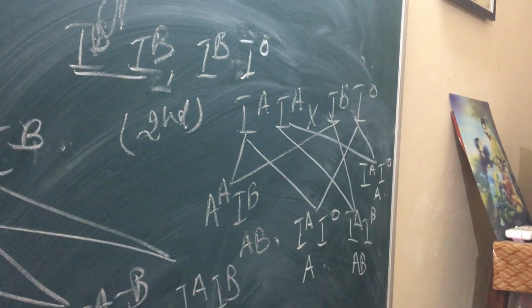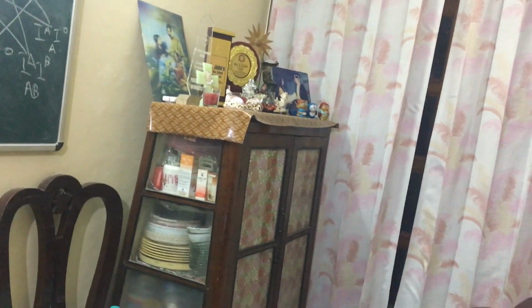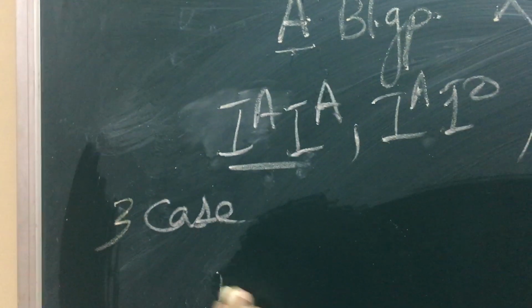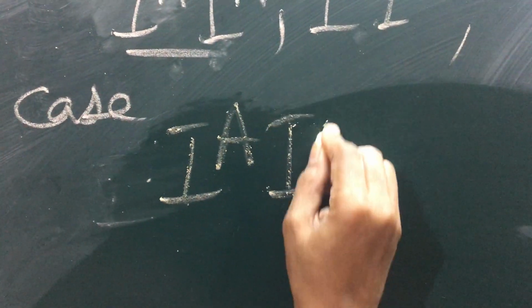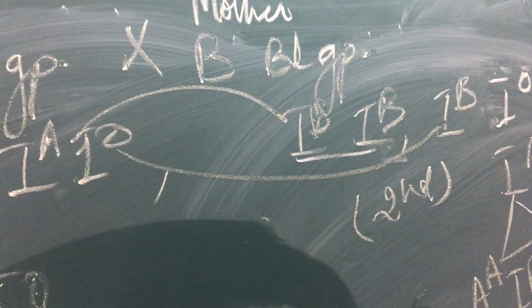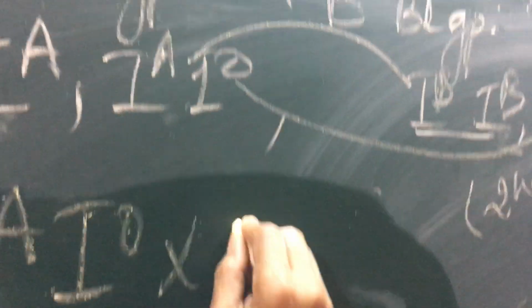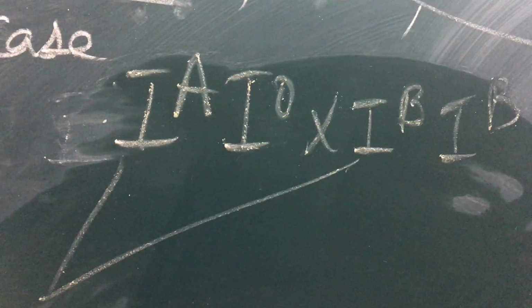So then the third case will be IA I0 into IB IB. This one with this and this one with this. So you can do it like this.